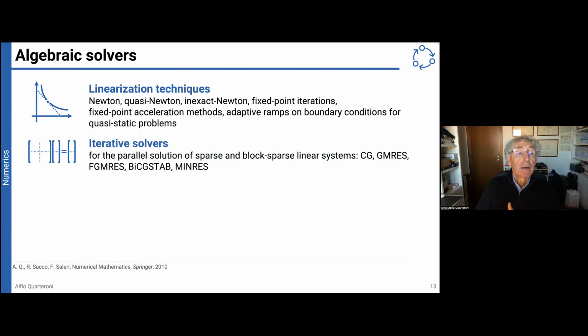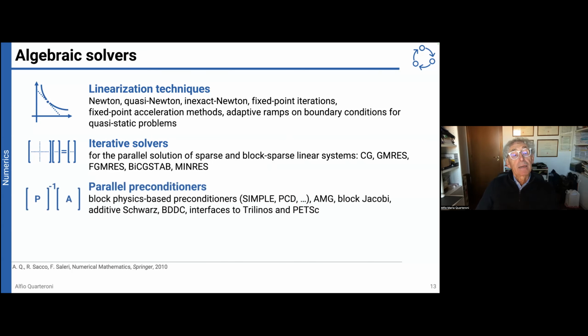Then you have to solve by iterative methods, and typically use conjugate gradient methods for, say, symmetric systems, or GMRES, or BiCGStab, or MINRES, for non-symmetric systems.